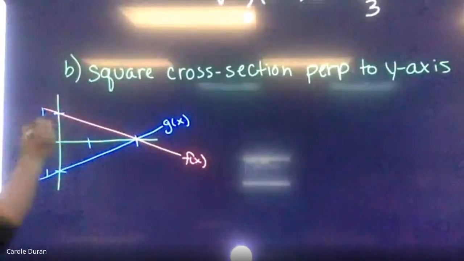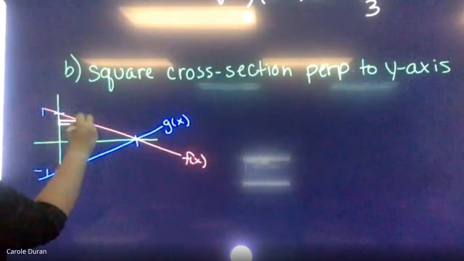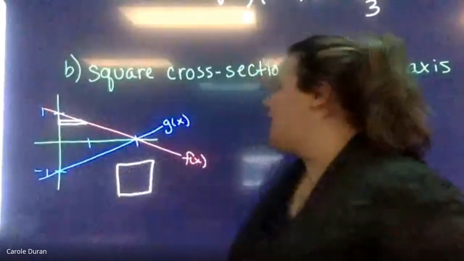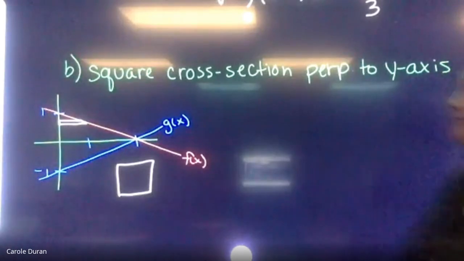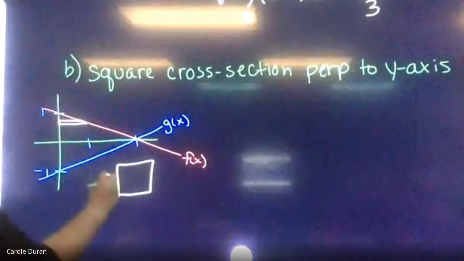So we're just going to pick a random place, and we're going to pretend that we sliced a chunk out of it. And when I slice that chunk out of it, I'm still getting a square, right? That's still my cross-section shape. But the way I find the area of that square is going to be a little bit different now. Okay, so that is still a square. My square still has side lengths of s.